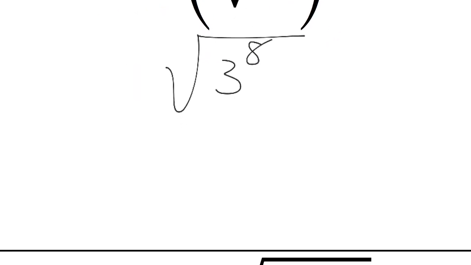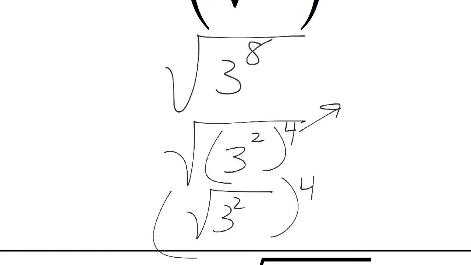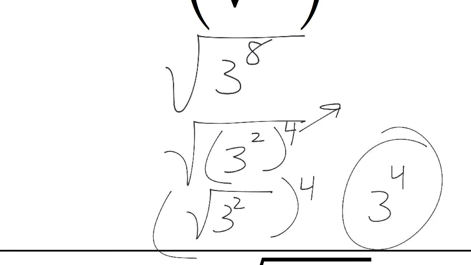That's the same thing as the square root of 3 squared to the 4th power. I'm going to take the 4 and move it back out, so we get the square root of 3 squared, all to the 4th power. Square root of 3 squared, that's just going to be 3. 3 to the 4th power.